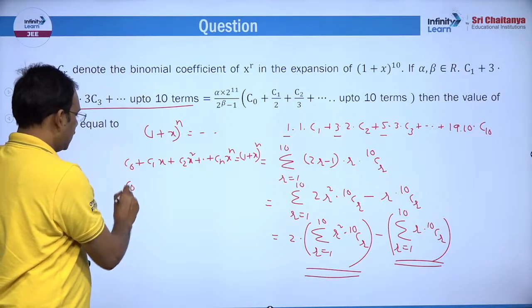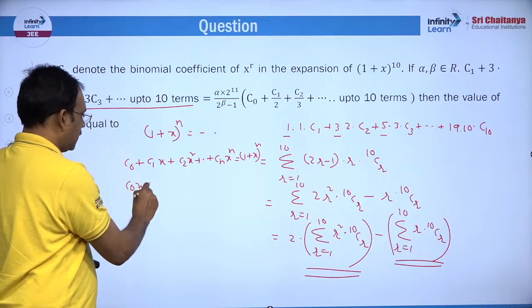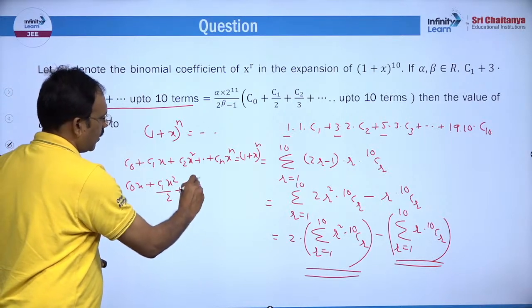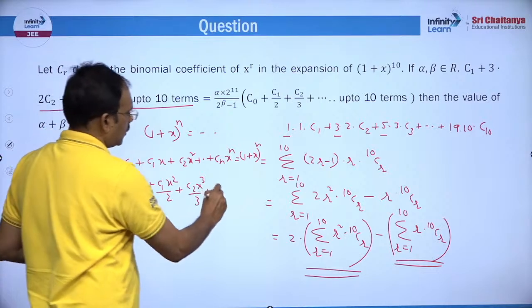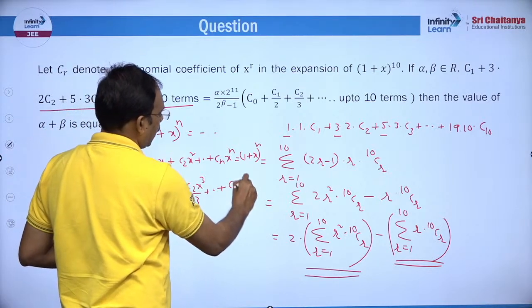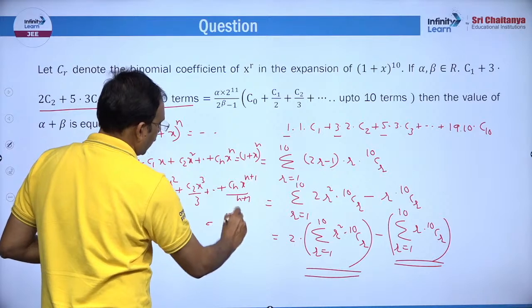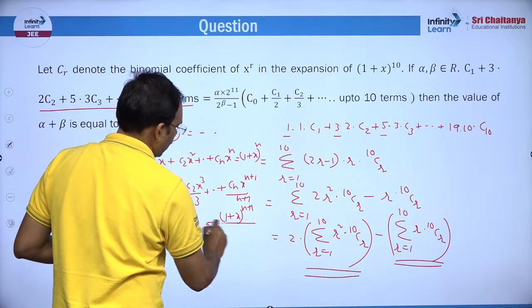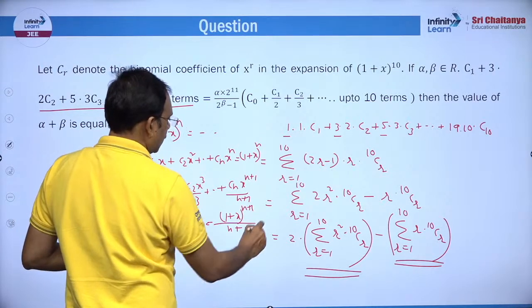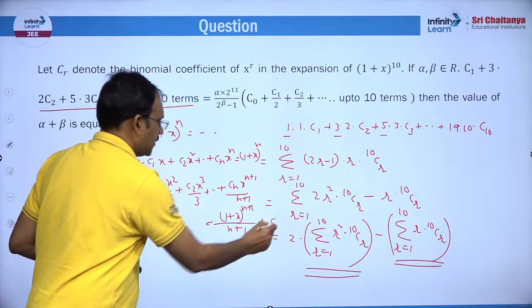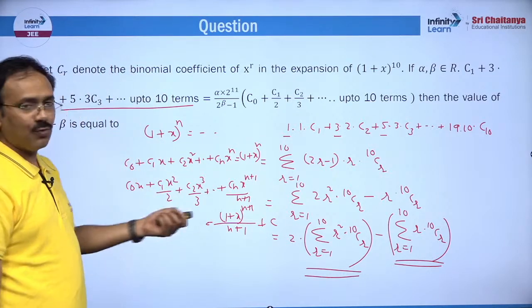You will get C naught x plus C1 x square by 2 plus C2 x cube by 3 and so on, Cn x power n plus 1 by n plus 1 is (1 plus x) power n plus 1 by n plus 1 plus C. Yes, you can put x is equal to 0 to find C.